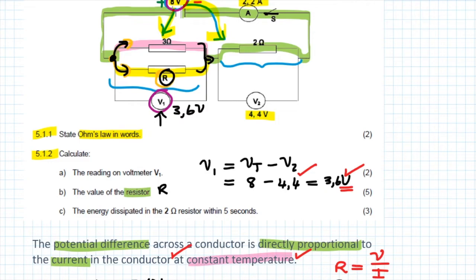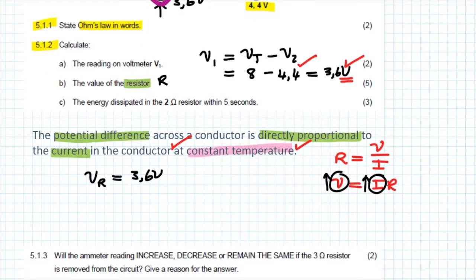Instead, what we can do is remember that this potential difference is not only measured across resistor R, but across the 3 ohm resistor as well. So how about we start off by determining the current that is flowing through the 3 ohm resistor. Current is equal to potential difference divided by resistance.